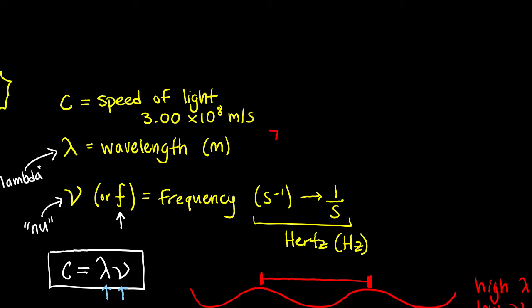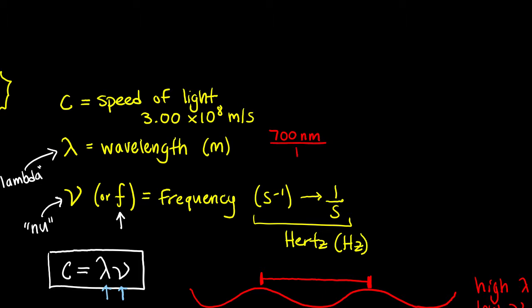So red light, for example, has a wavelength of approximately 700 nanometers. It's a range. 700 nanometers is a type of distance, so it does fit a descriptor for wavelength, but if we need to use that wavelength in an equation, we need to first convert to meters.